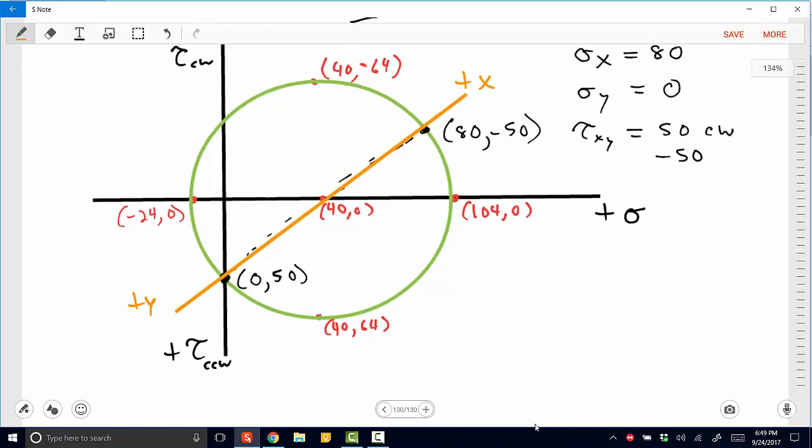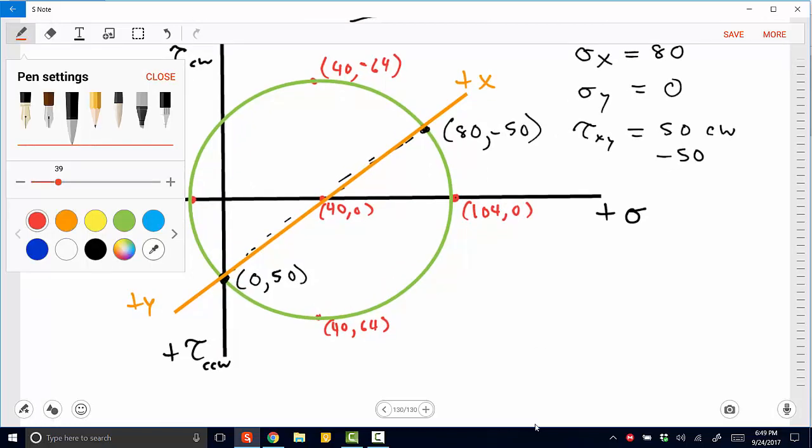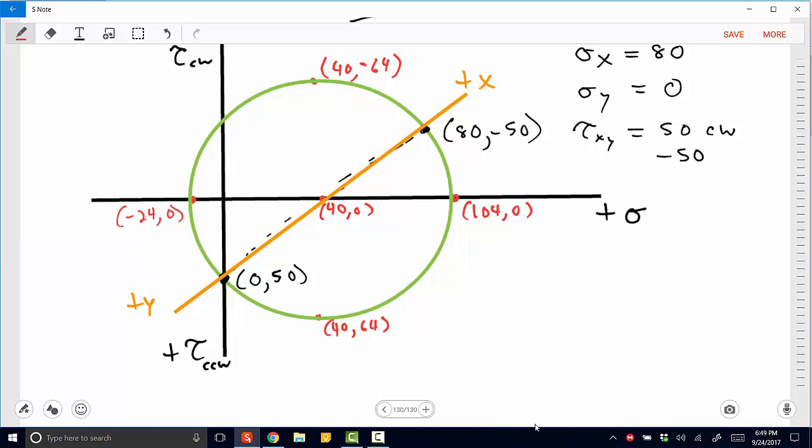All right? Now the last thing with Mohr circle is finding the angles. Right? And we know that when we're rotating by phi, we're going from the positive x-axis and we're rotating by a certain amount, right?